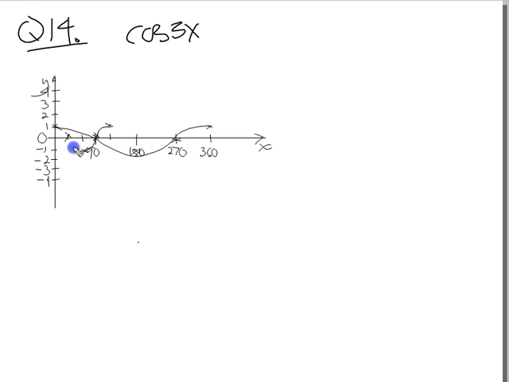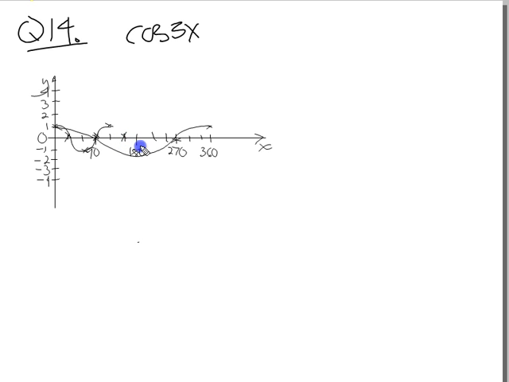Okay. Like so. And then it just repeats itself, doesn't it? So every 30 now. So 120, 150, better mark these off, 210, 240, 300 and 330, okay? So that one goes to 0.